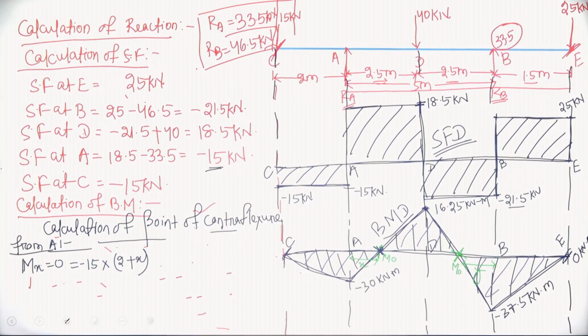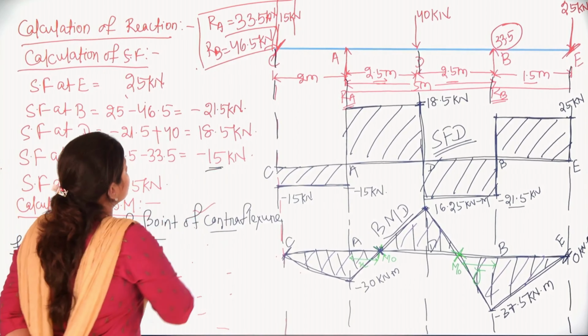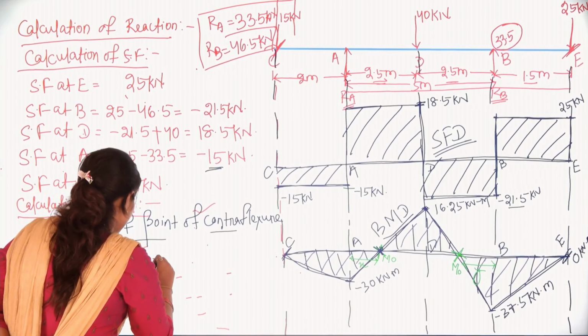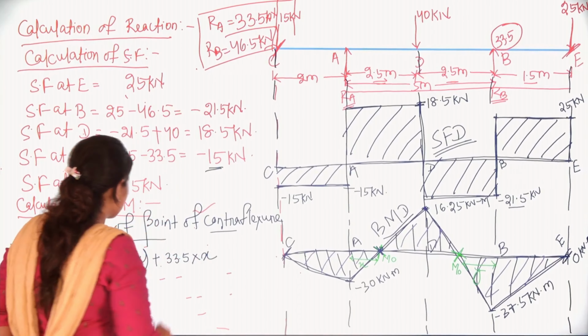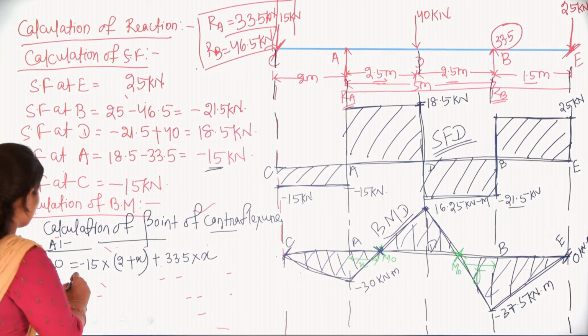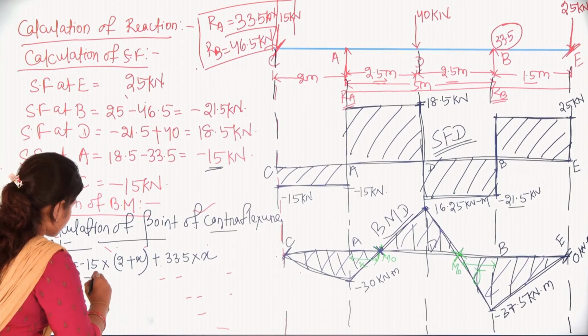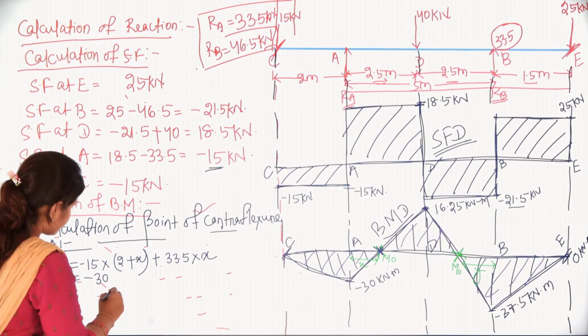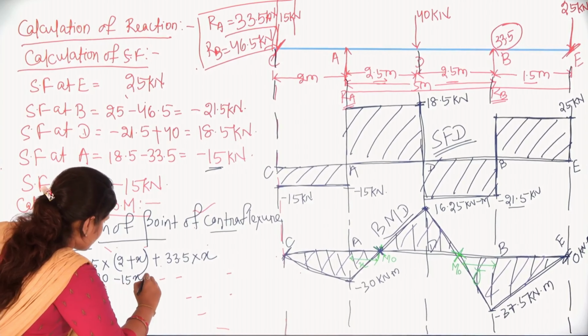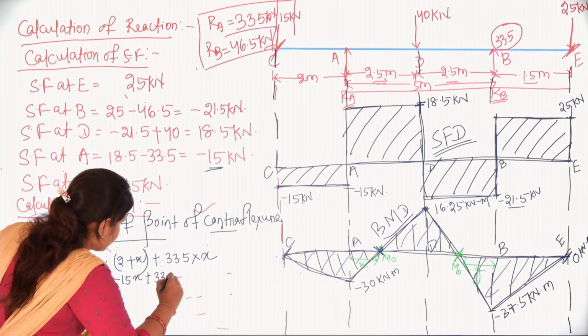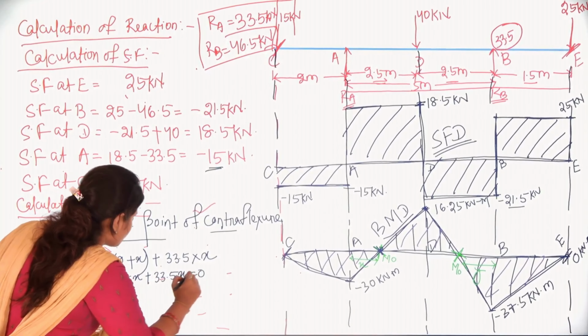And you know the reaction is 33.5, so plus 33.5 into x. So it will be minus 30 minus 15x plus 33.5x equal to 0.